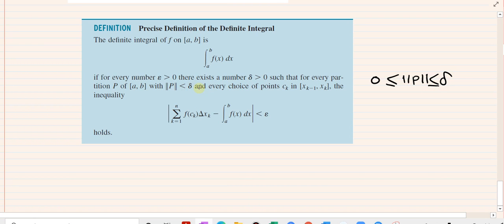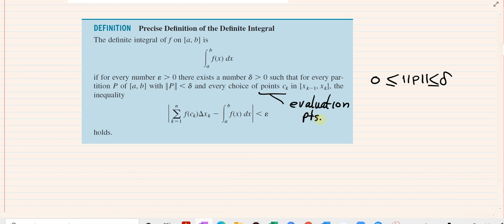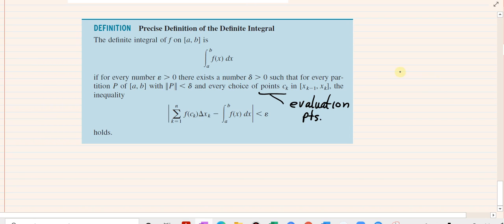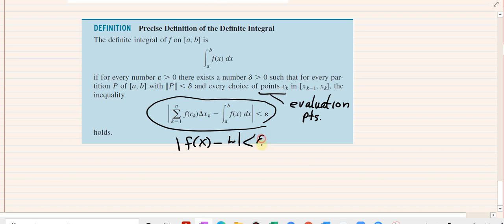And for every choice of points c sub k, remember these points are what we called evaluation points, right? For any choice of evaluation point inside of the kth subinterval, the inequality holds. This time we don't have f of x minus L less than epsilon, remember that?